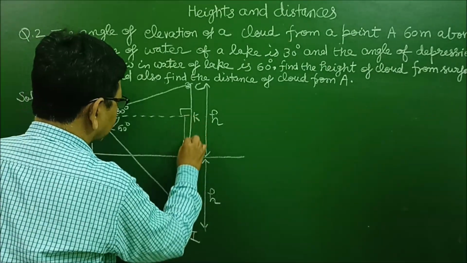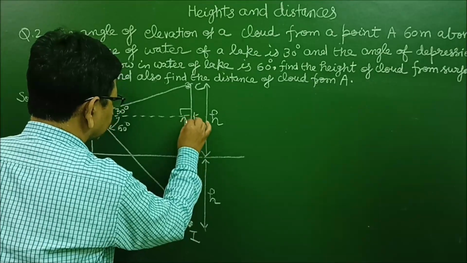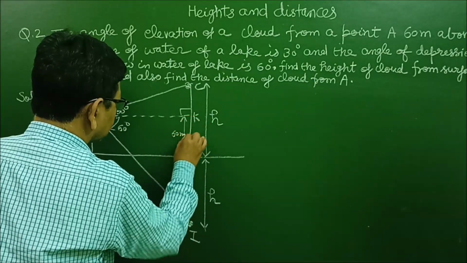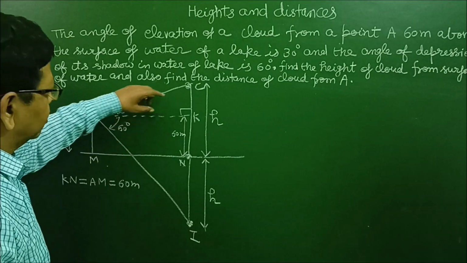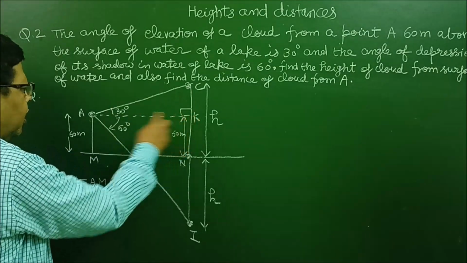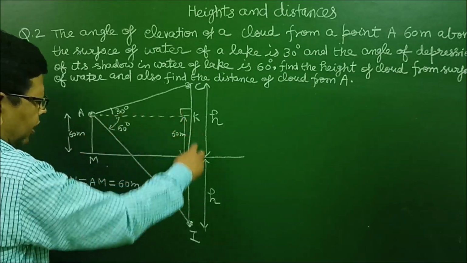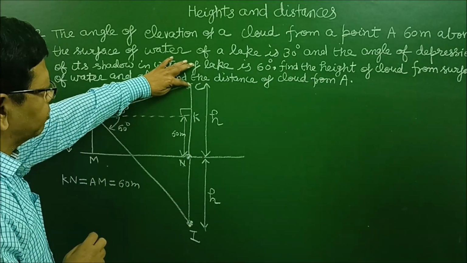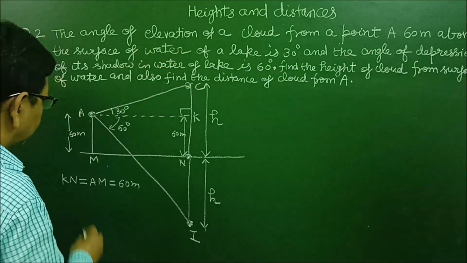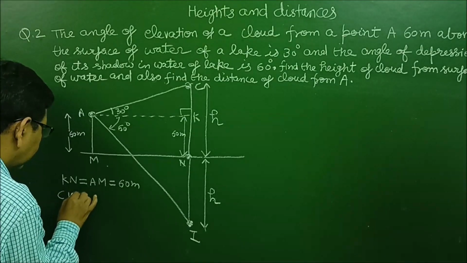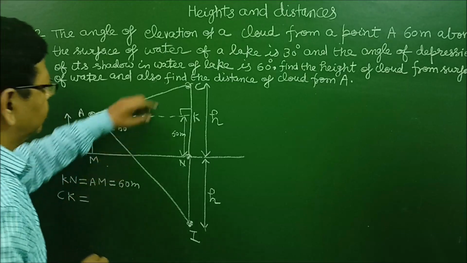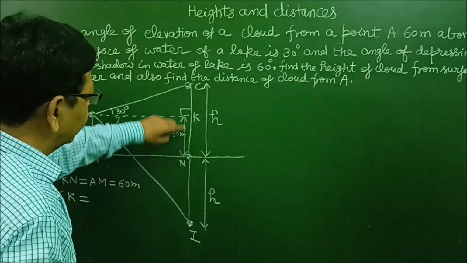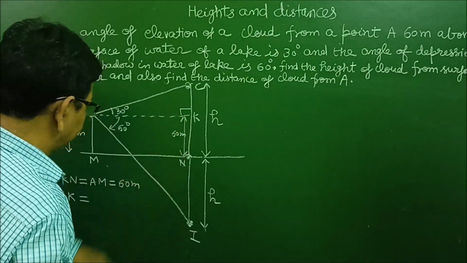This is 60 meters. Now there are two right triangles possible, CKA and AKI. So we can find the value of CK. CK will be equal to CN minus KN.